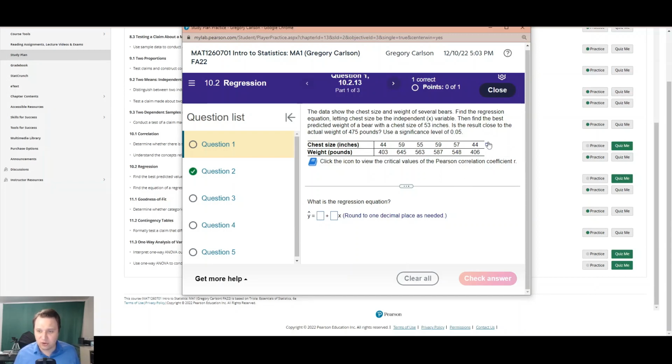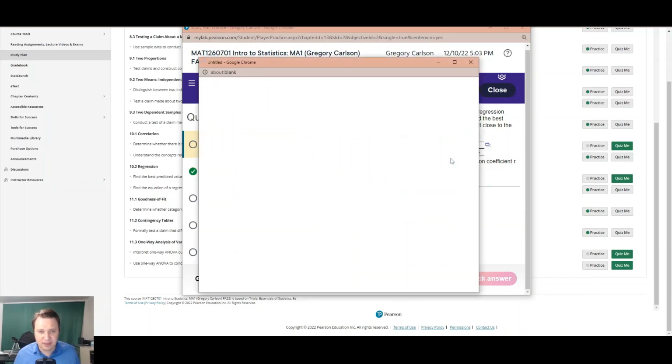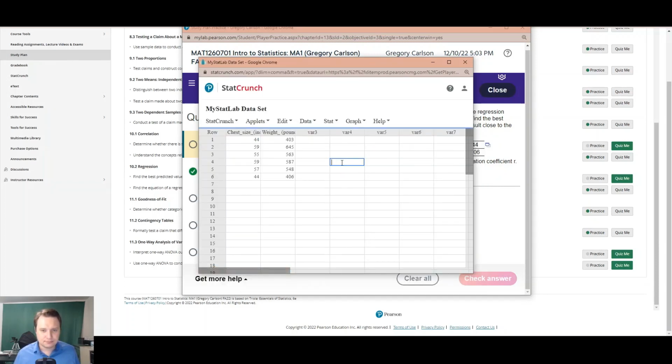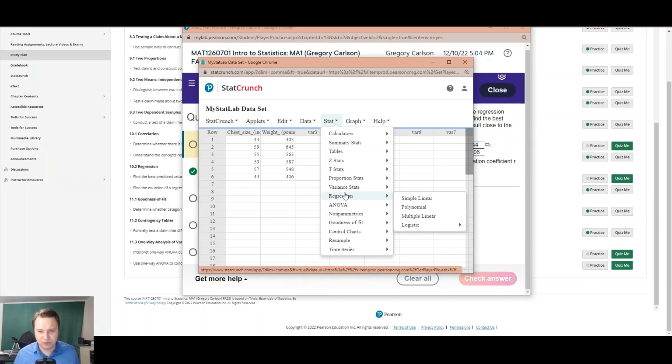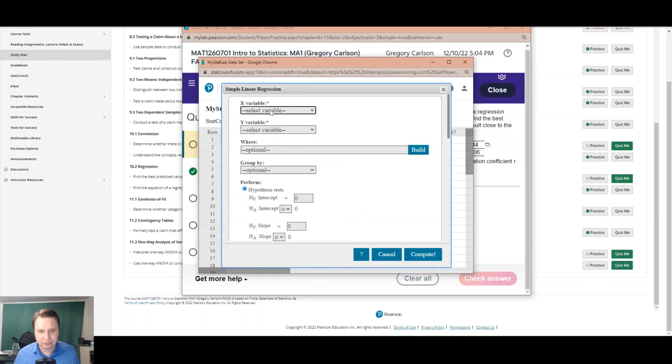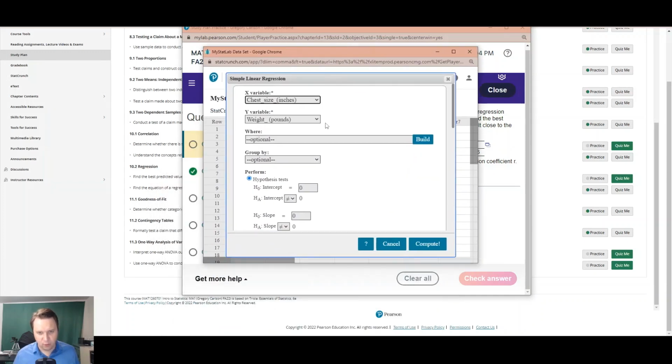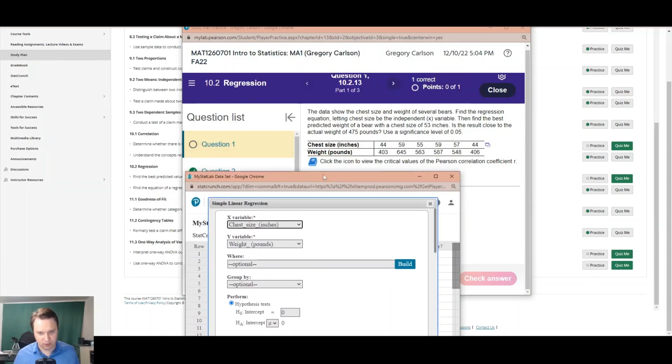So they're asking for the equation. So we're going to open up the data in StatCrunch. And once again, it's stat, regression, simple linear. And then just pick your two variables. I recommend just picking them in the order in the dropdown. So chest size for X, because that's the first one, and weight for Y, because that's the second one.